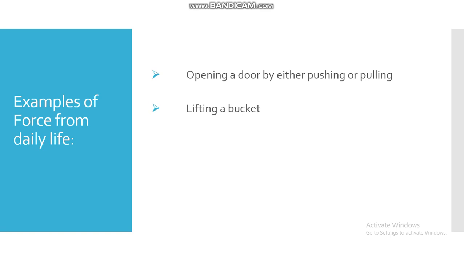Now, lifting a bucket. For example, if there is a bucket and you lift it, meaning you raise it to some height, this is another example of force. Then squeezing wet clothes to dry them. For example, if clothes are very wet, in order to dry them you squeeze them. This is another example of force.